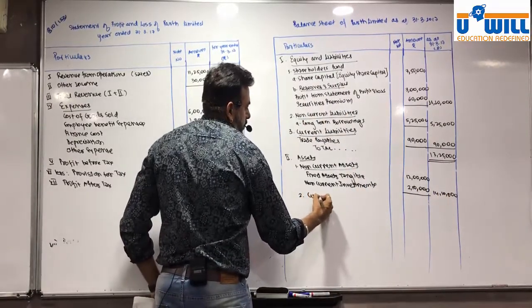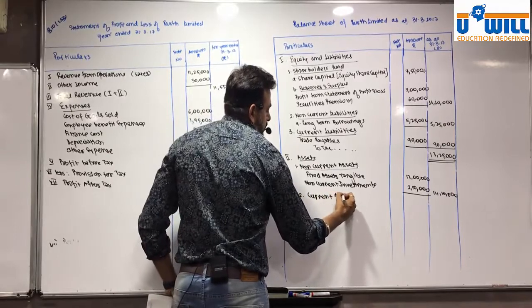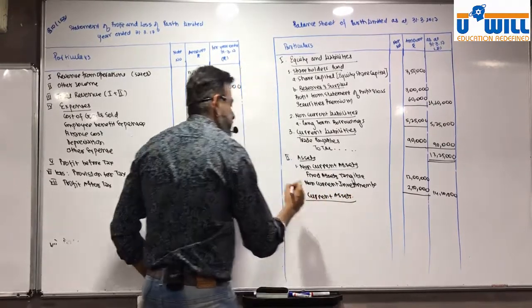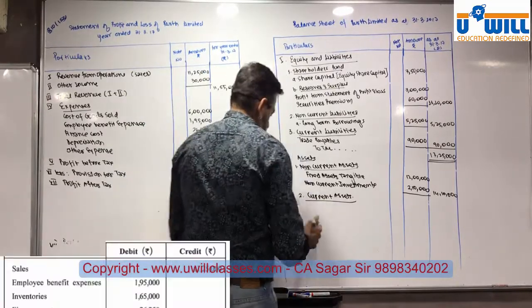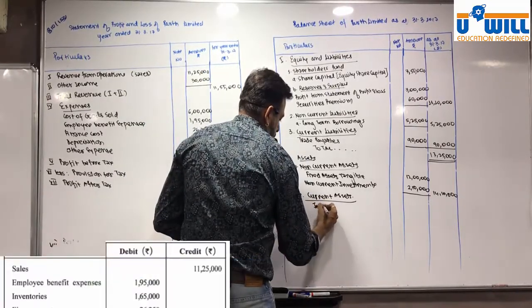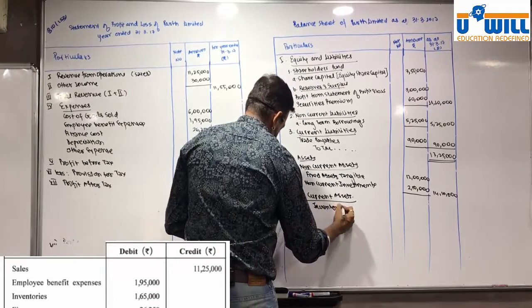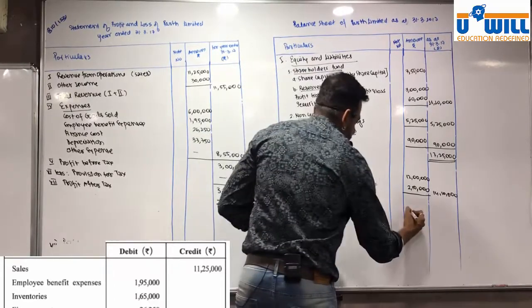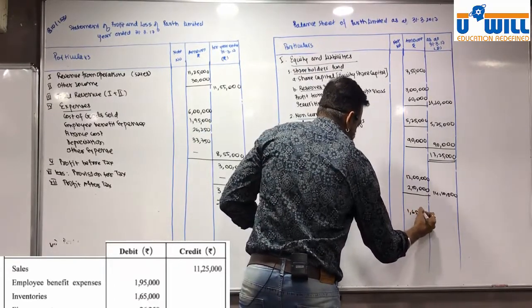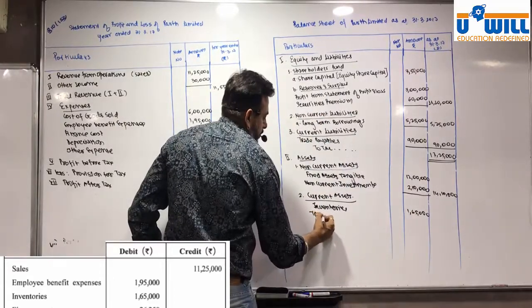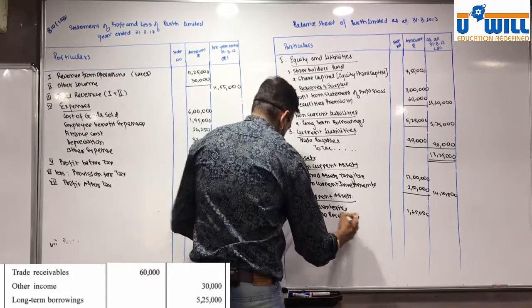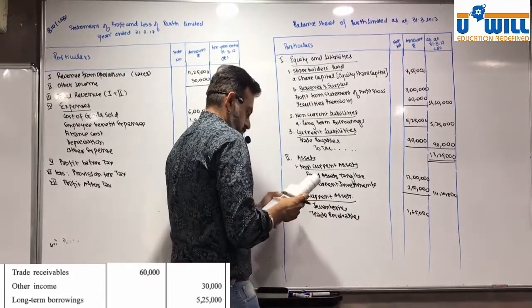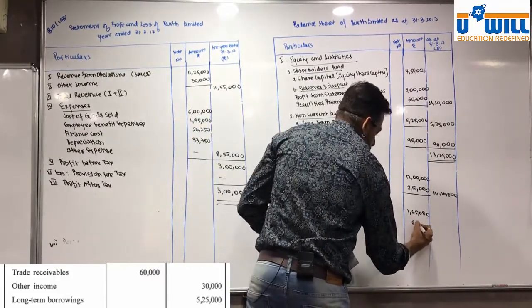Second, current assets. Inventories, $1,65,000. Trade receivables, $60,000.